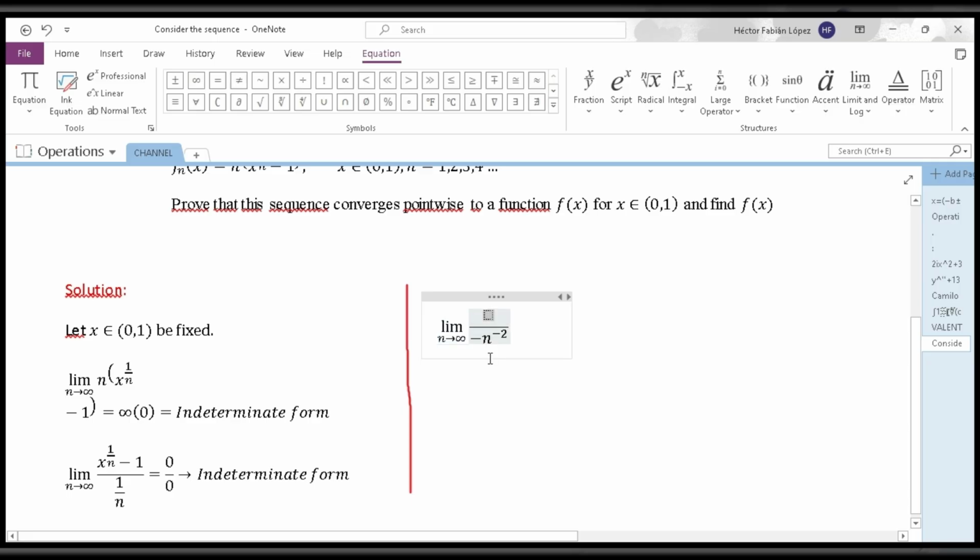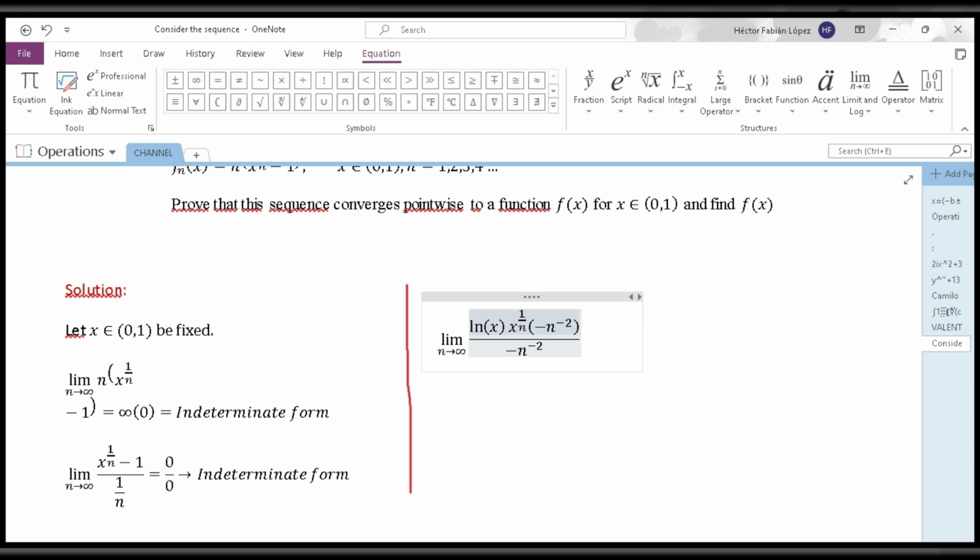And here, this derivative is ln of x times x to the 1 over n power, times negative n to the negative 2 power. Here we have it.